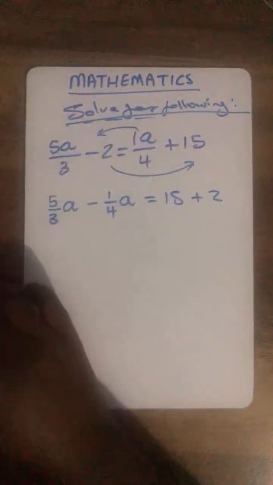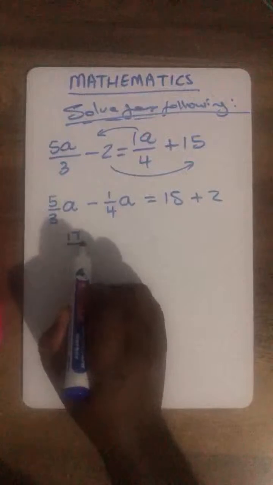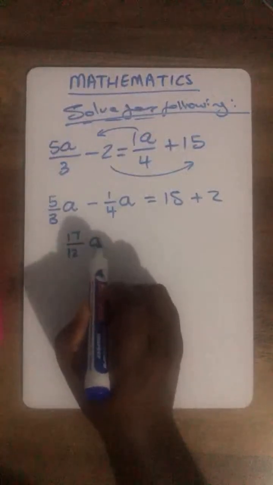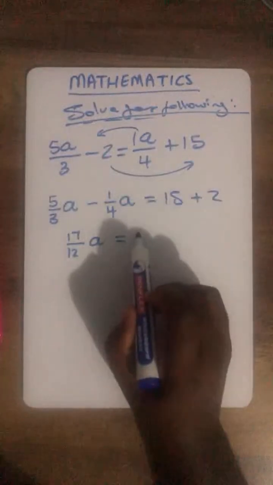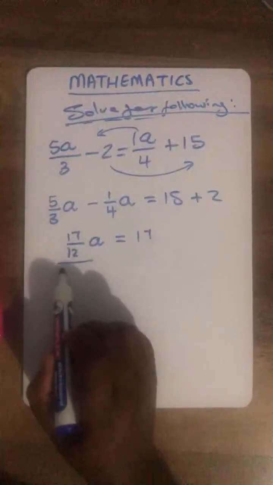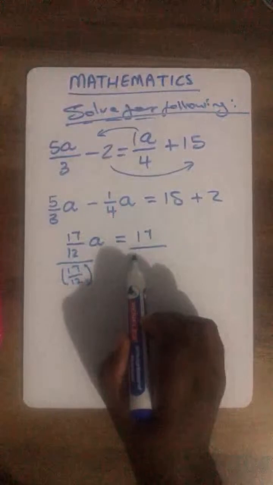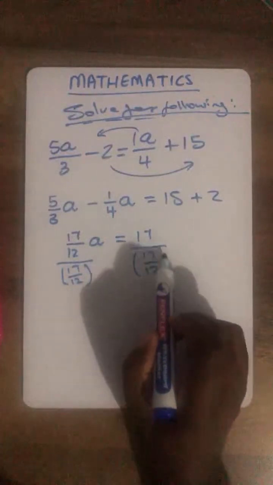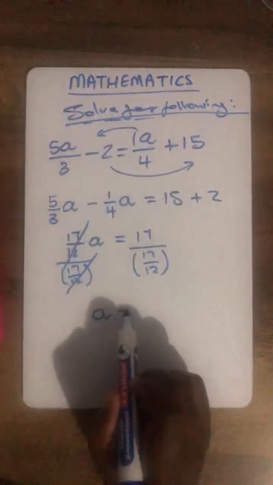Let's see, 5 over 3 minus 1 over 4. So this is 17 over 12a, which equals, what is this plus that? Is it not 17? And then you can say I'm going to divide both sides by 17 over 12, so that that cancels with that, and then your a equals 2.